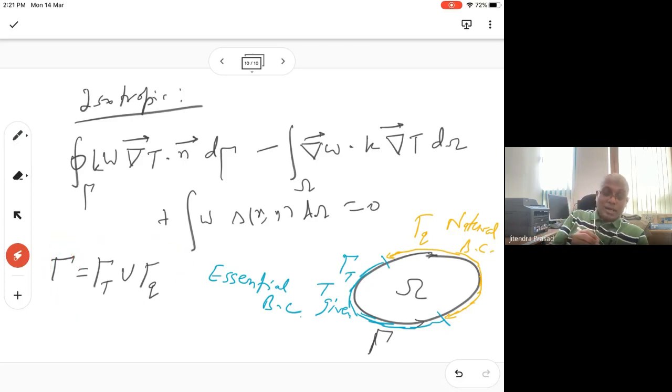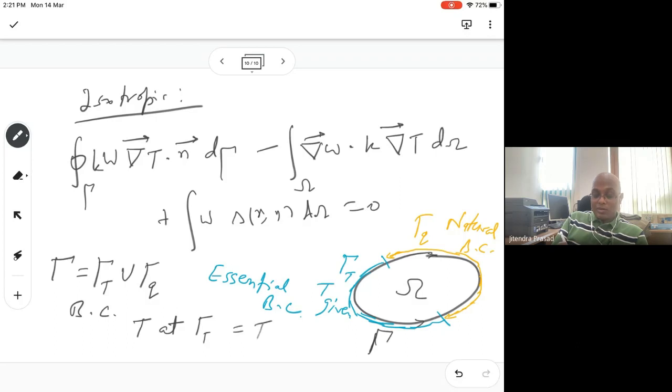So the boundary conditions typically will be given as T at gamma T is equal to T naught, for example, and Q dot n, which is equal to Q bar, at gamma Q is equal to, let us say, Q naught, given.